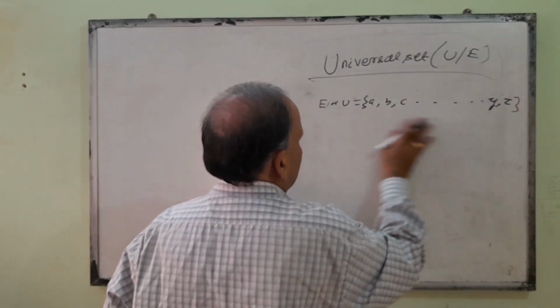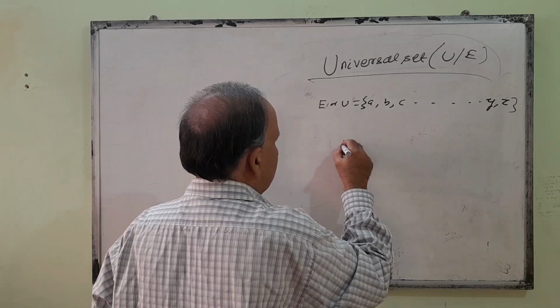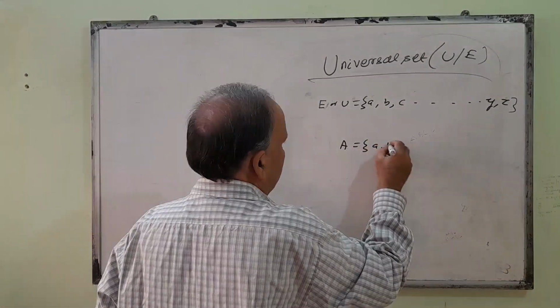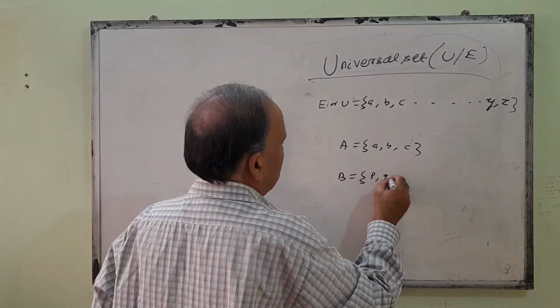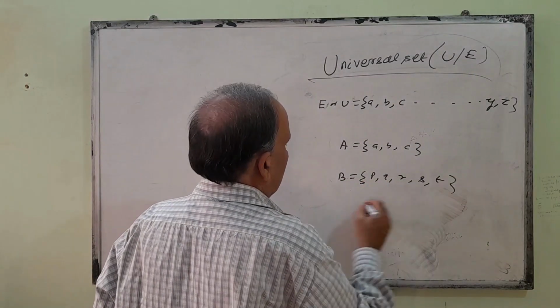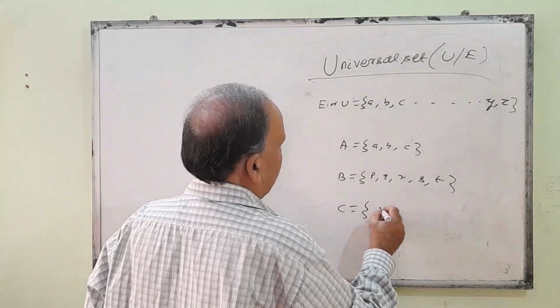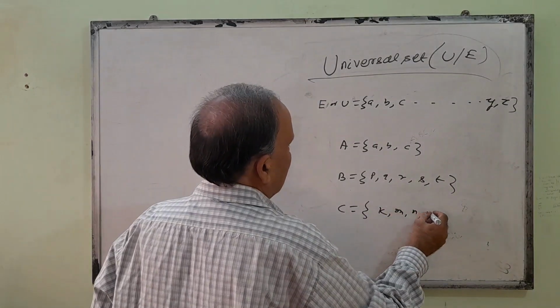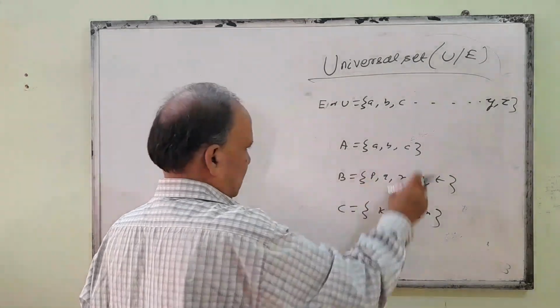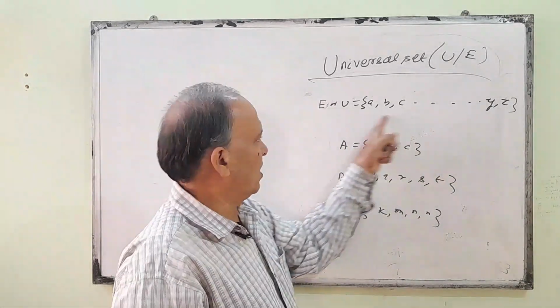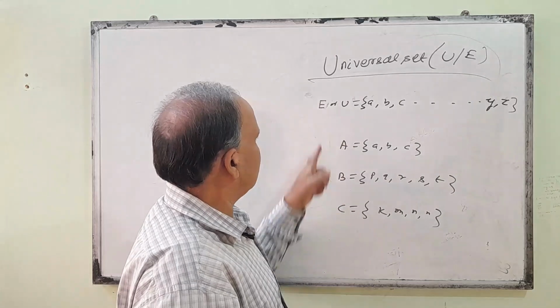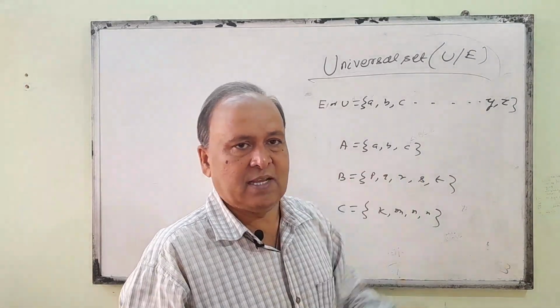Suppose you take A is equal to {a, b, c}, B is equal to {p, q, r, s, t}, C is equal to {k, l, m, n}. All these sets are included in the bigger set. So for A, B, C, U is the universal set.